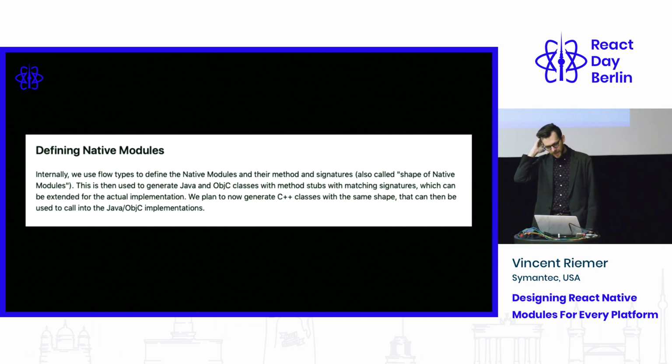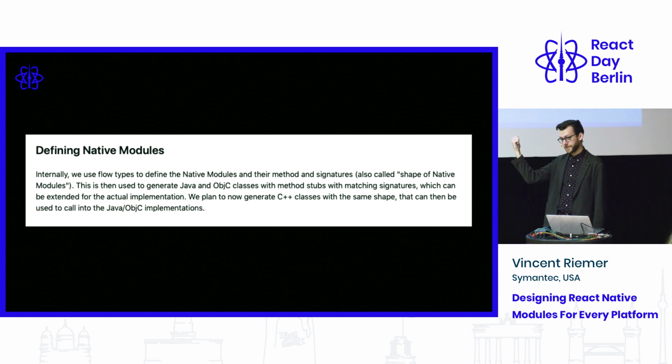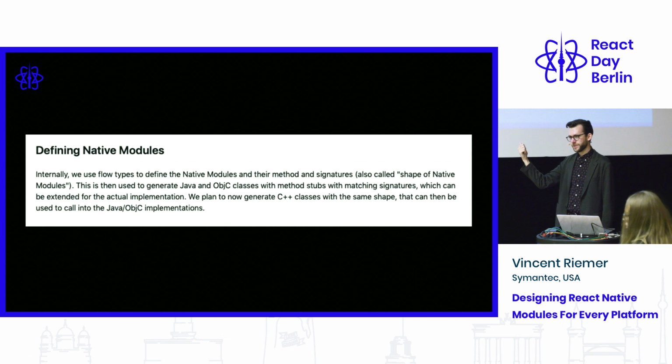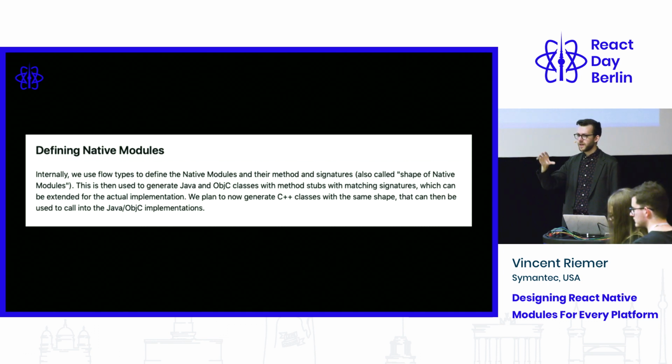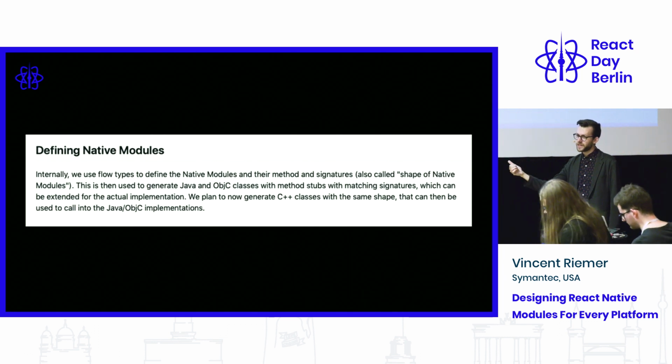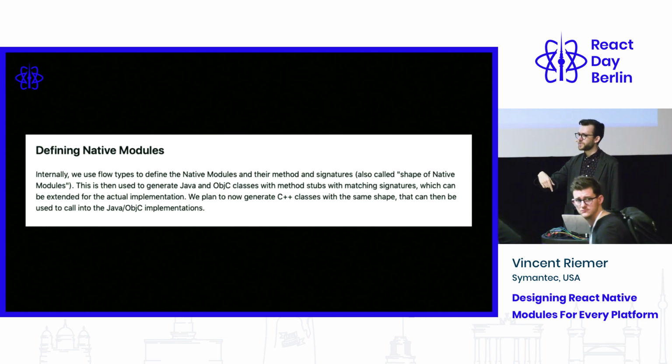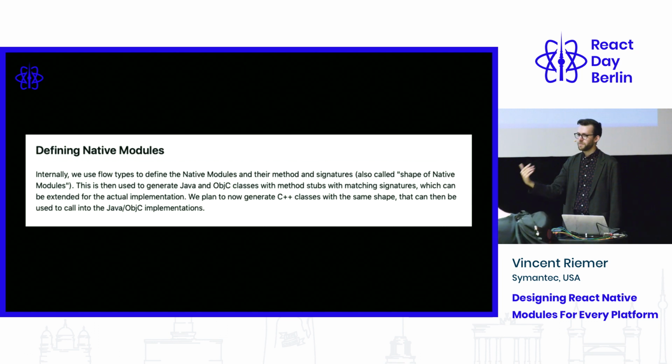This defines how it's going to work when binding modules. They've been implementing their modules with flow types, and what Turbo Modules is going to do is generate native C++ code from those flow types, and then it's up to the platform to extend or implement those C++ classes.